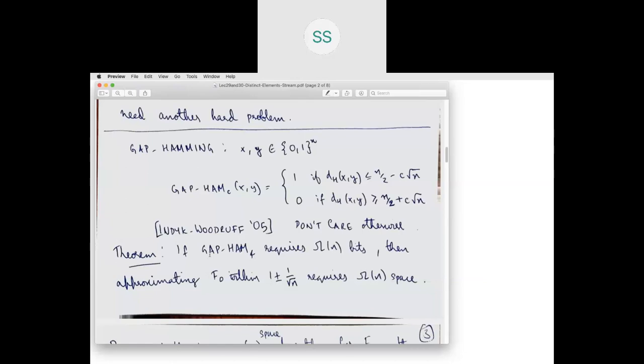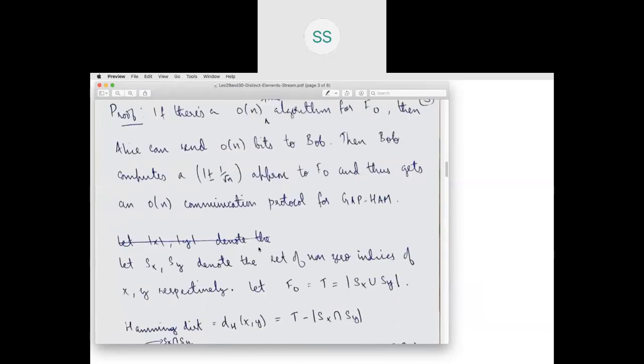So to complete the proof that f0 estimation requires linear space, we need to show that the gap Hamming problem, even in the randomized setting, requires a linear number of bits to be communicated. That's what we are going to see today.